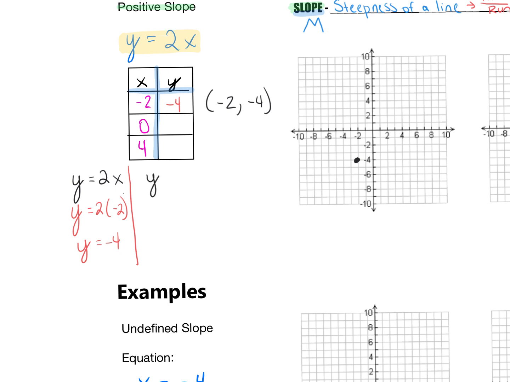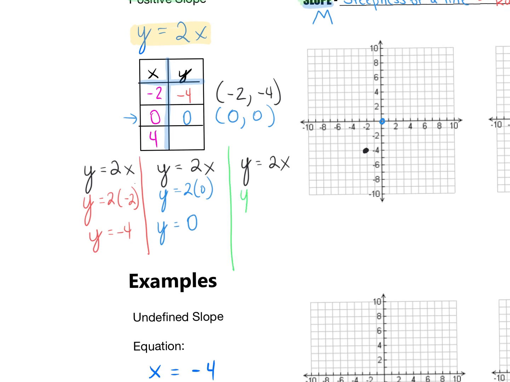Each time I'm going to rewrite my equation. This time I'm going to plug in 0. So 2 times 0 gives me 0. So my next set of coordinates are the origin, 0, 0. So I'm going to plot that 0, 0.